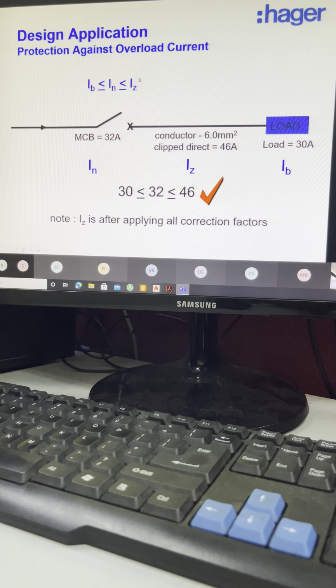So if your load is 30 amps, you use a 32 amps breaker. That's okay. And your cable should be more than your breaker rated current. So in this case it is 6 mm, where if installed direct clip, it can carry up to 46 amps.